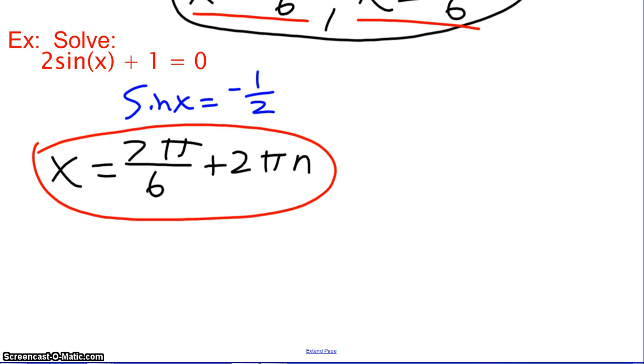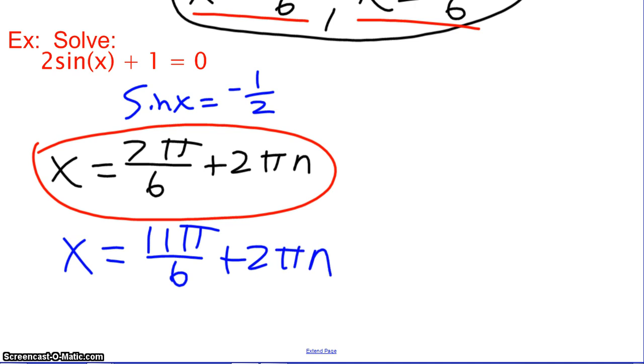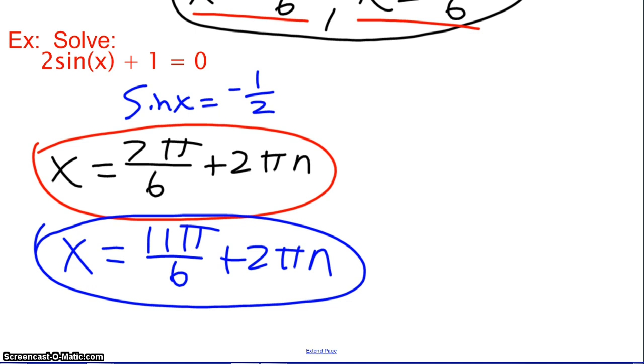At every one of those coterminal angles, sine is going to equal negative 1/2. Then we'll also do this for the 11 pi 6. So if we don't have a restricted domain, then we're going to have to write general terms to cover all of the coterminal angles, where in this case, sine of x is going to equal negative 1/2.